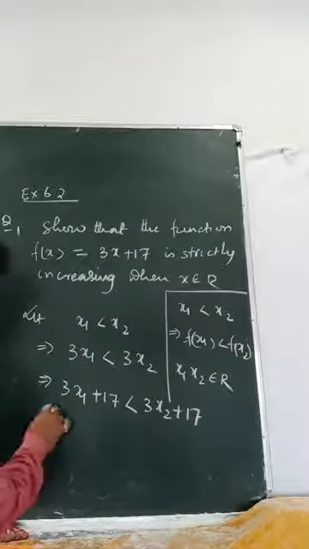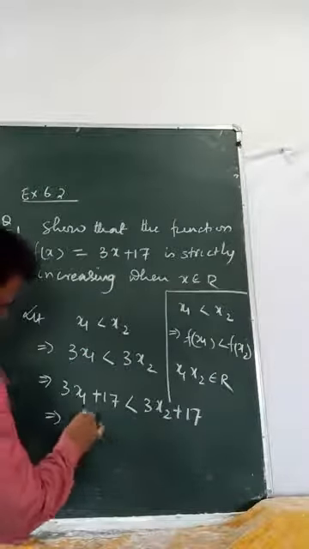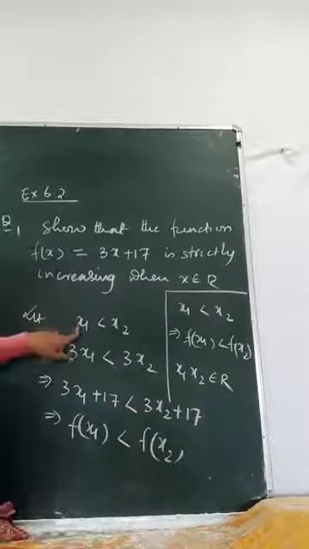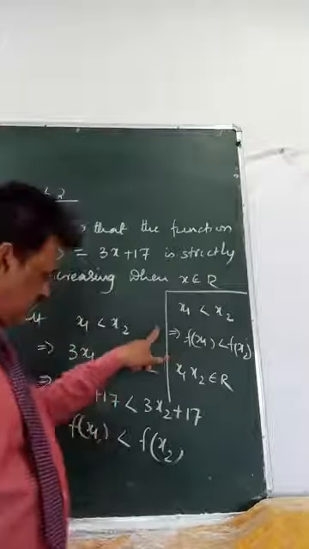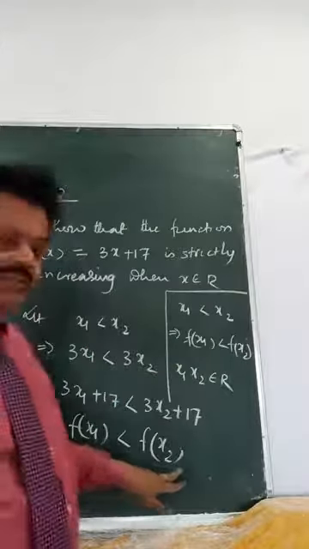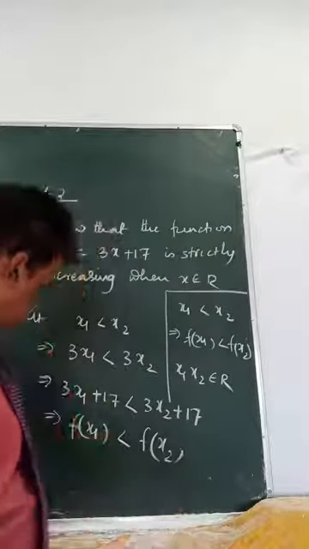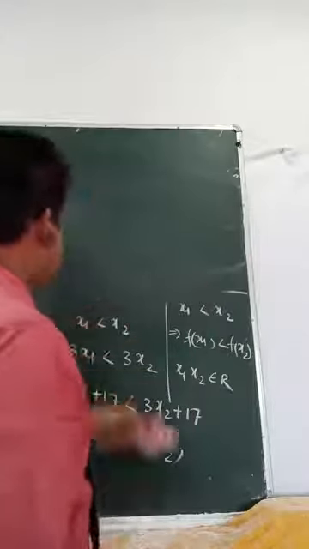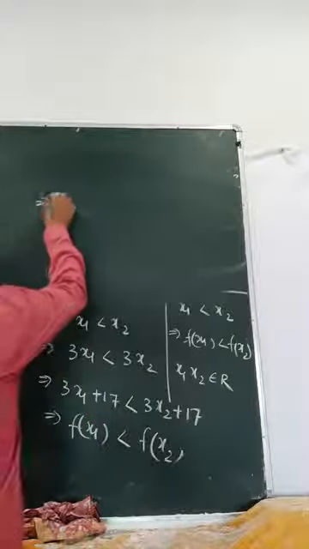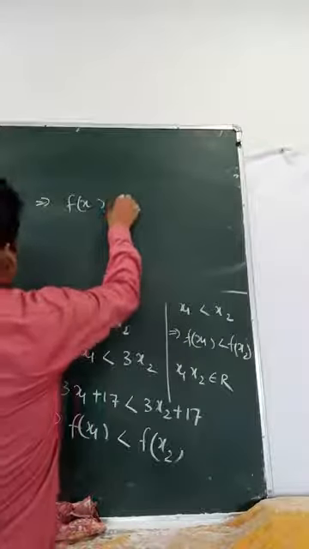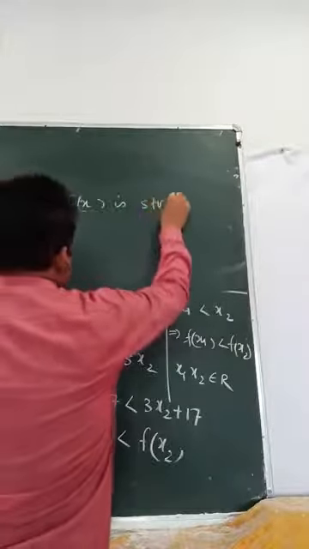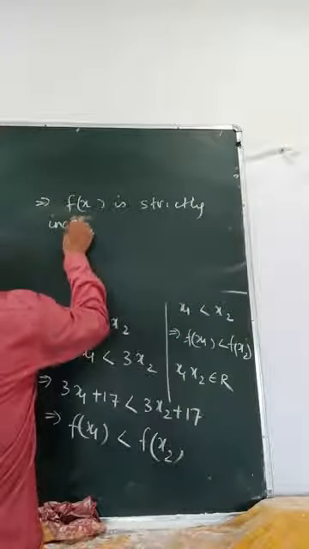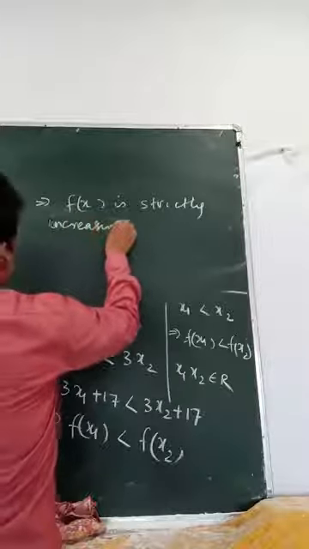So this implies f(x1) is smaller than f(x2). You took x1 smaller than x2, and now you got f(x1) smaller than f(x2). So this is strictly increasing, which implies f(x) is strictly increasing on R.